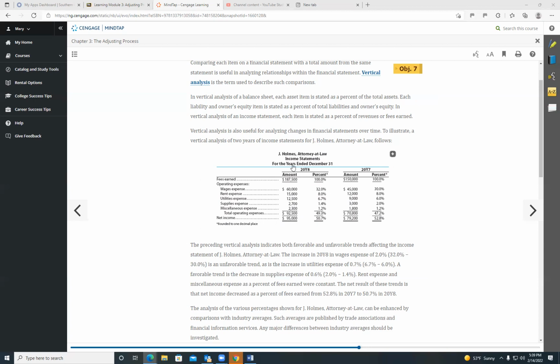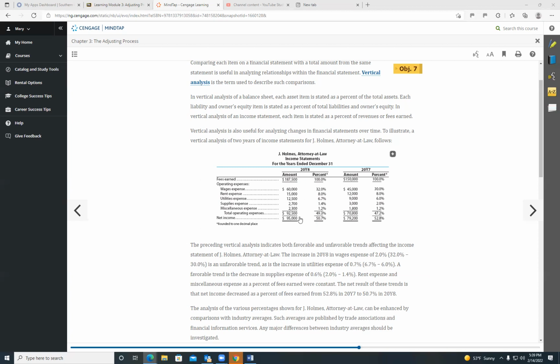So we did the vertical analysis looking at what percentage of revenue went towards each expense, however it needs to work in your brain. So what percentage of revenue was used to pay these expenses, and what percentage of revenue was left over to generate net income.